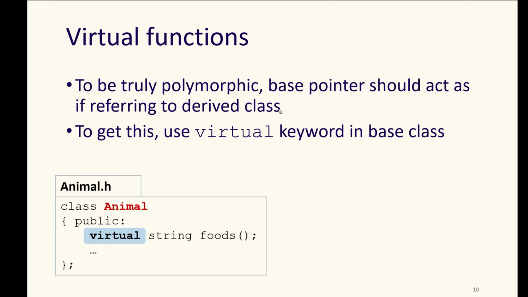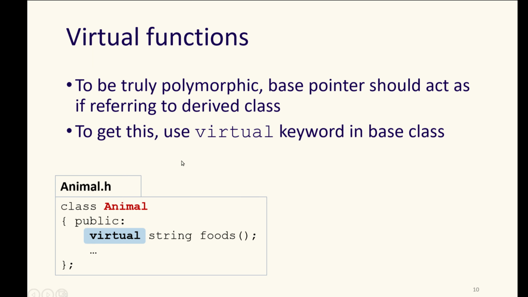So to do this in C++, we use the virtual keyword in the base class. This allows us to say this function may be overridden, and if it is overridden, use the derived class, like mammal, use its foods function, not mine.